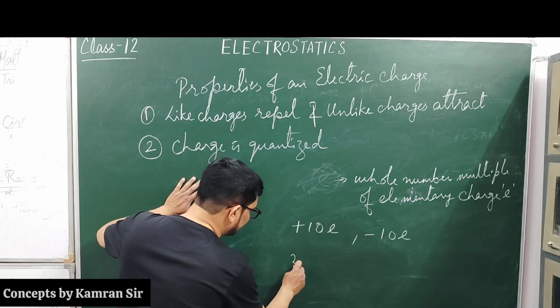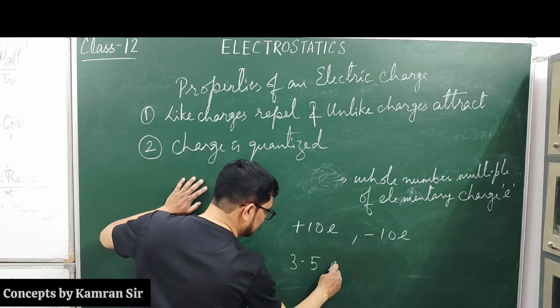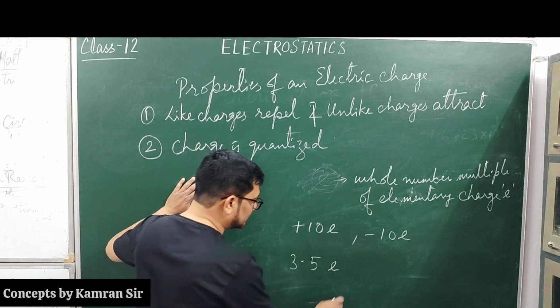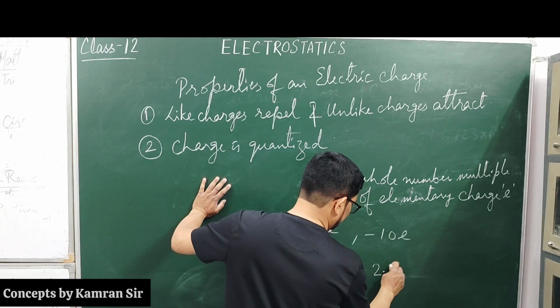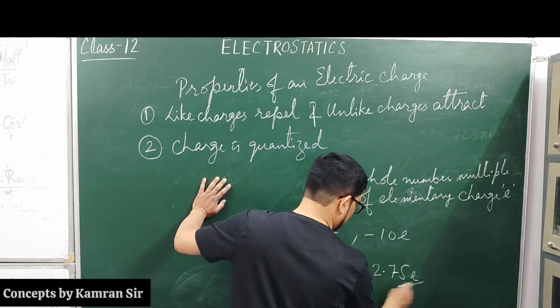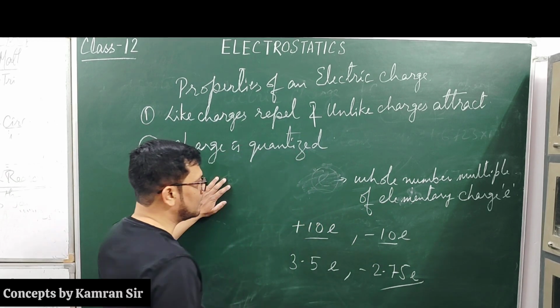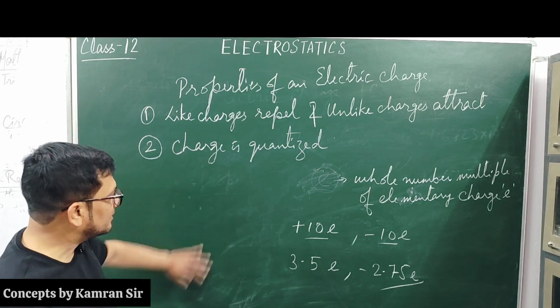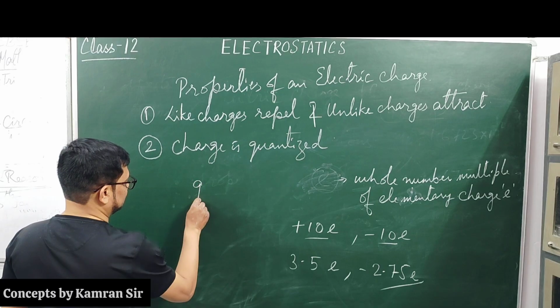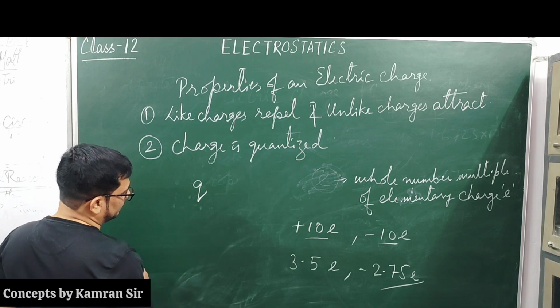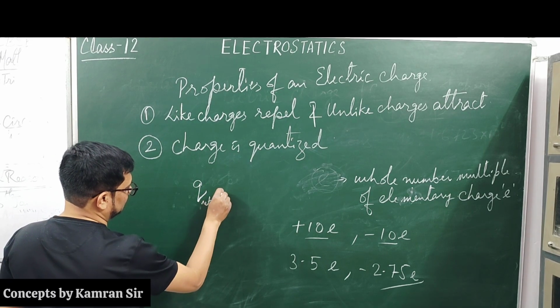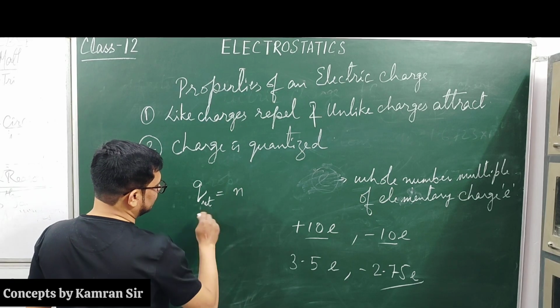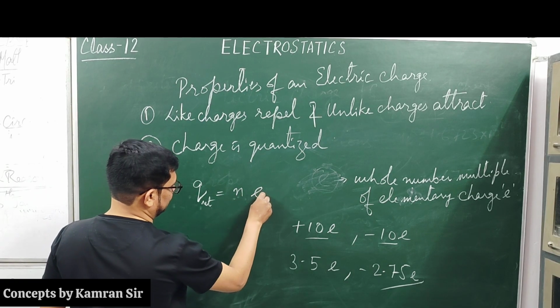It cannot have 3.5 times elementary charge, or minus 2.75 elementary charge. Mathematically, the net charge is equal to n times the elementary charge.